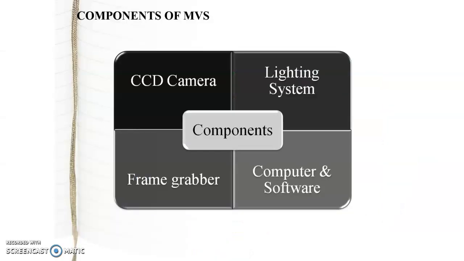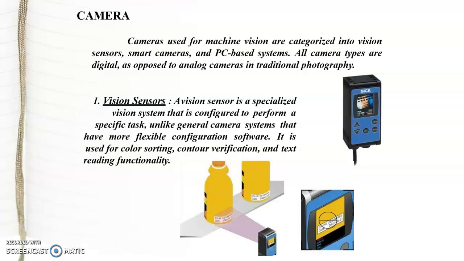The main components of a machine vision system include a CCD camera, then a lighting system, then a computer and software for analysis, and then a frame grabber. And the camera is further classified into different kinds. The first type is vision sensors.